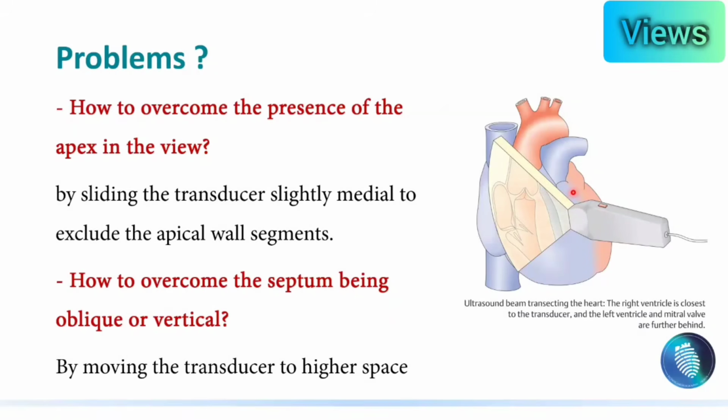In the parasternal window, we cut at the base. So if we notice that the septum is vertical, this means that we are very close to the apex, and we have to move upward. So the solution to the first problem, if we have the apex, is sliding medially. And if we have a vertical or oblique septum, we have to slide upward.